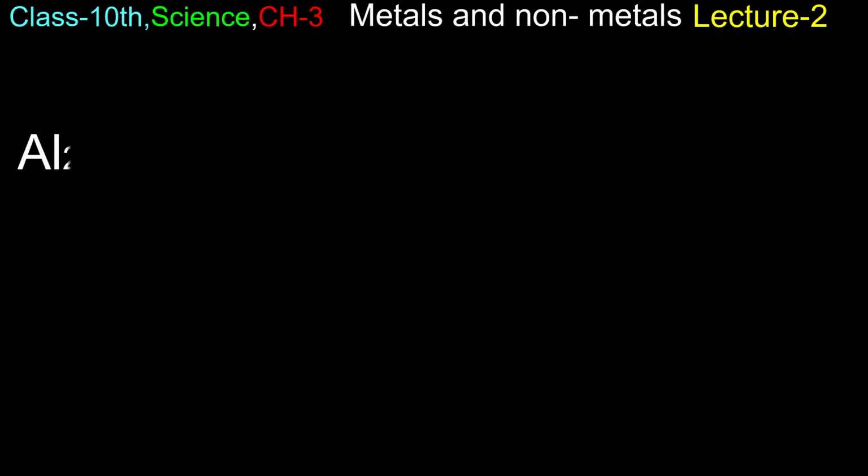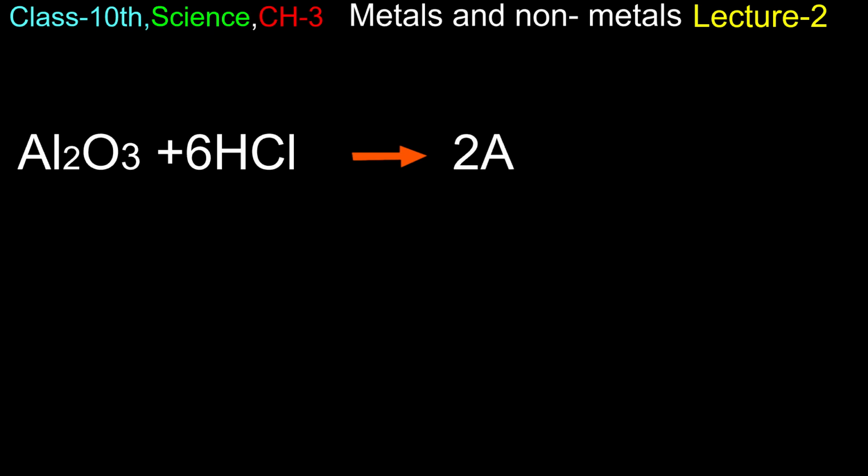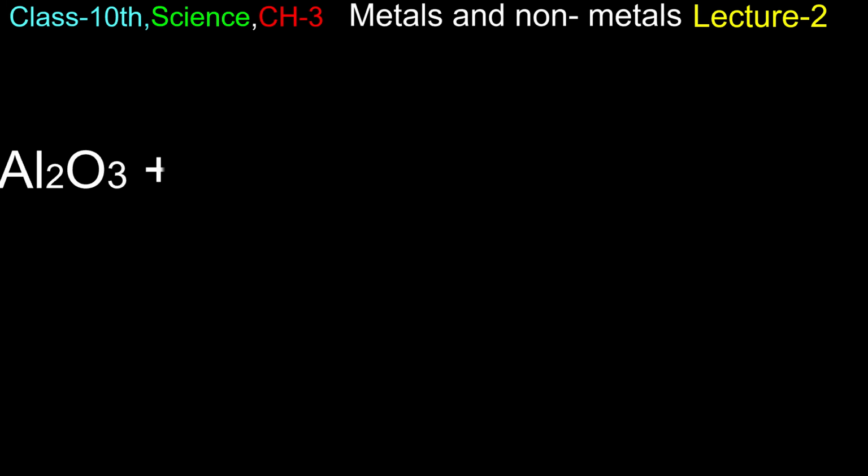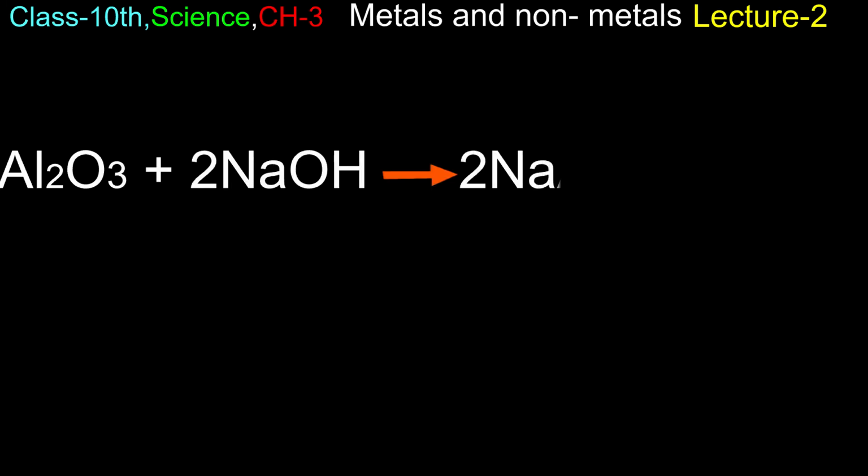For example, aluminium oxide, Al2O3, reacts with HCl to form aluminium trichloride and water. And aluminium oxide also reacts with NaOH to produce NaAlO2, or sodium aluminate, plus water.